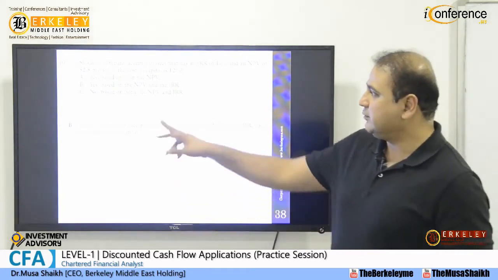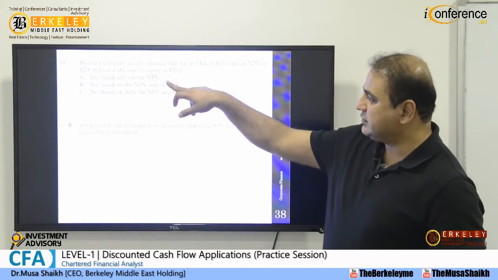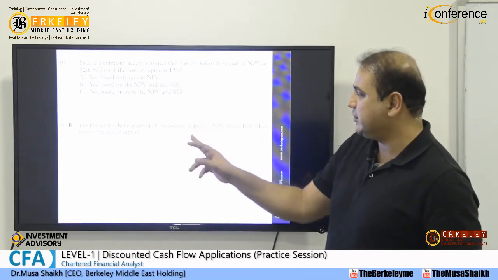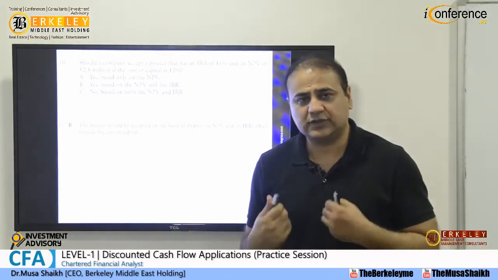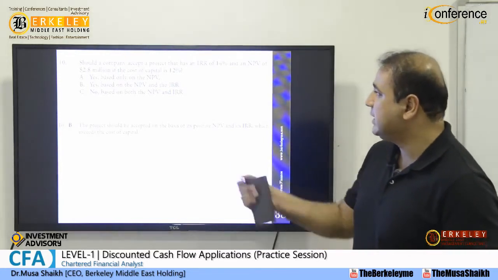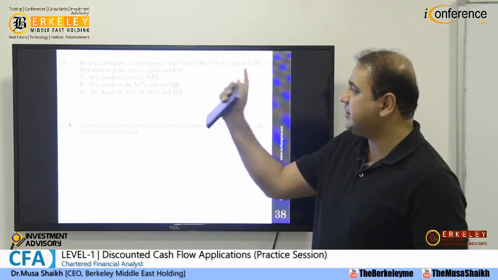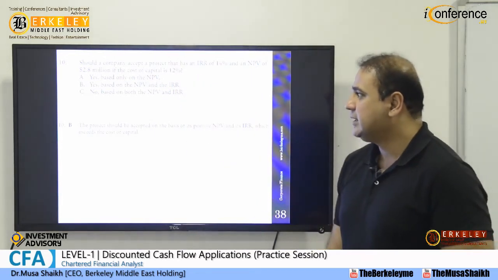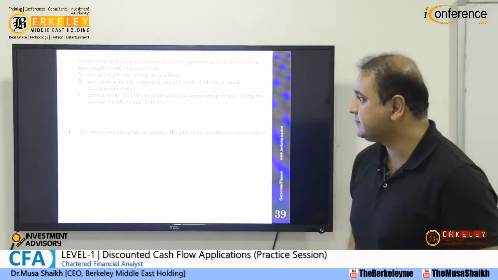B is the right option because the project should be accepted on the basis of positive NPV, and its IRR should exceed the cost of capital. In this particular case, IRR is 14%, NPV is positive, and the cost of capital is 12%.